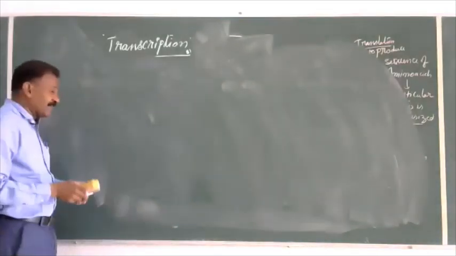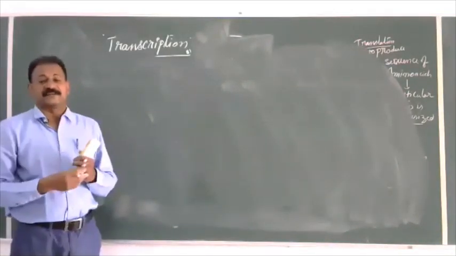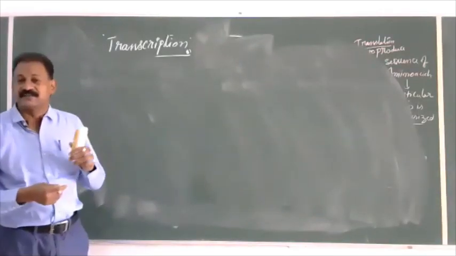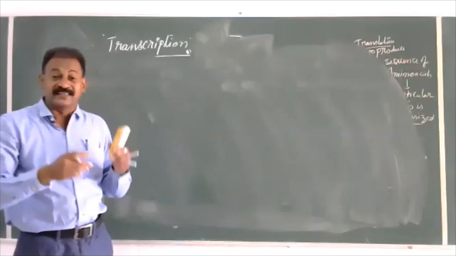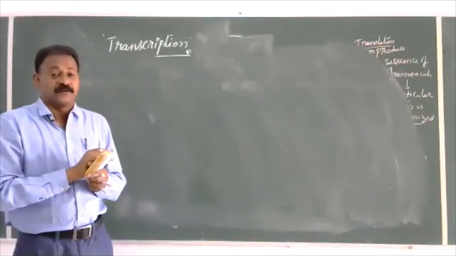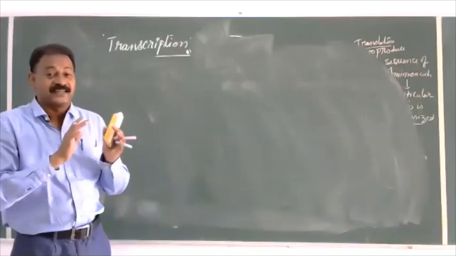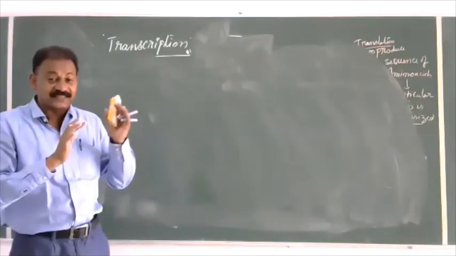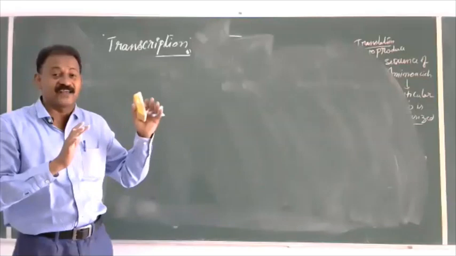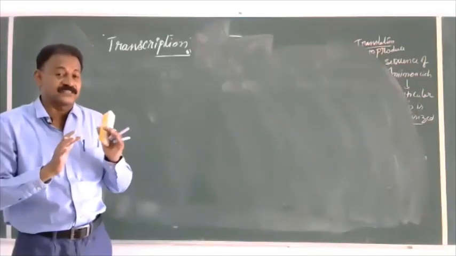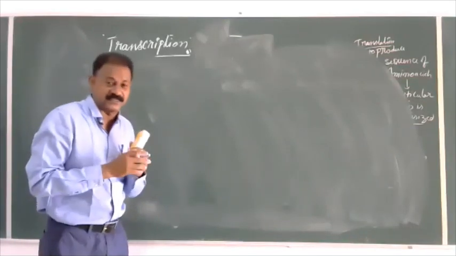Now, where does this transcription occur? In the first paragraph of transcription in the NCERT books, they have given this, which demarcates the boundaries of transcription and the strand of DNA which is synthesizing RNA. You make a note of that in the first paragraph of transcription, the last sentence.